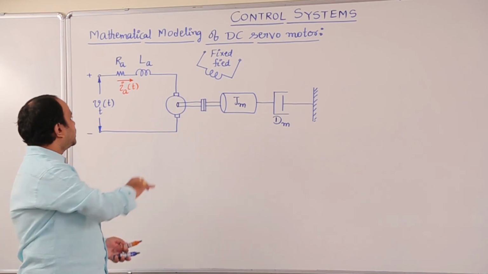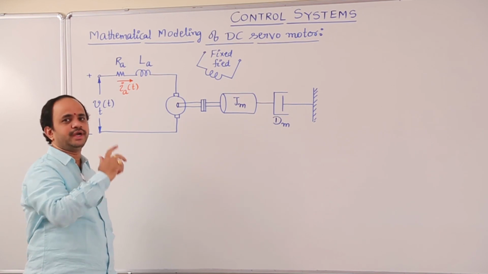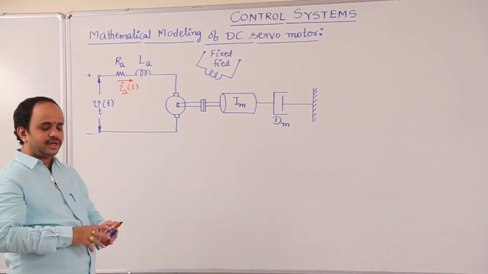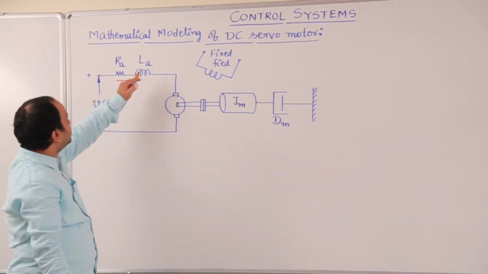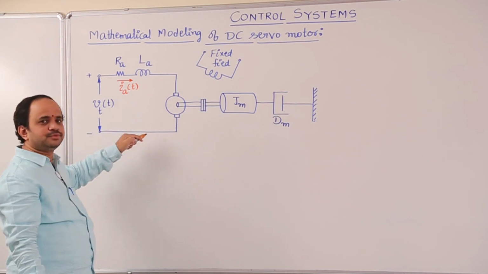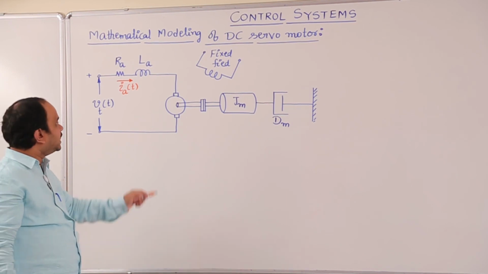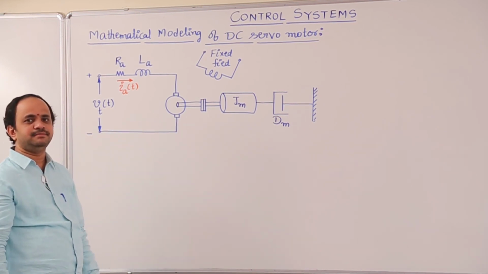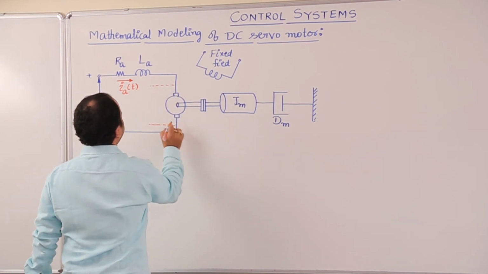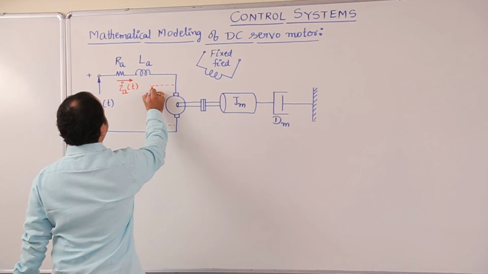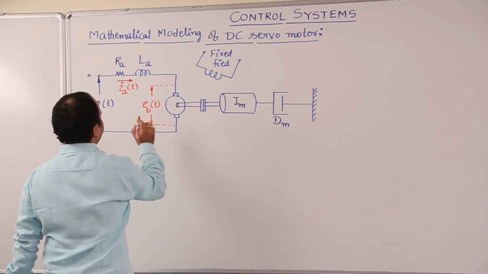Due to that, the rotating part, called the armature, will start rotating. Another phenomenon will take place in this DC servo motor: in the magnetic field, the conductor is also placed. Therefore, some EMF will be induced. That EMF is known as back EMF. So, let us use another symbol to represent it here, back EMF, Eb of t.